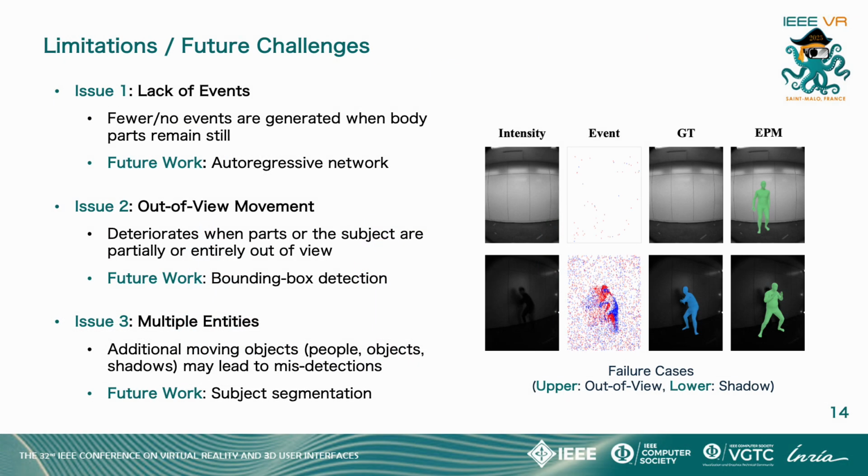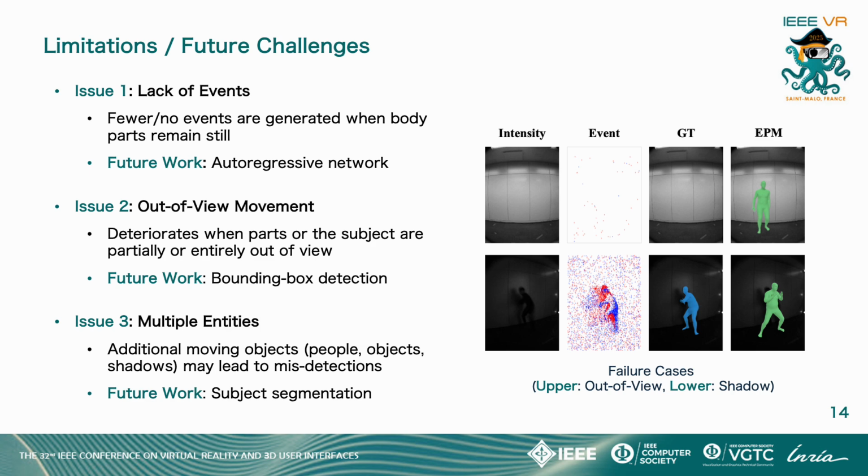Up to now, we've focused on the strengths of our proposed method. However, there are still limitations and potential future directions. Issue 1 is the lack of events when body parts remain still. An autoregressive network could handle these inactivity periods.